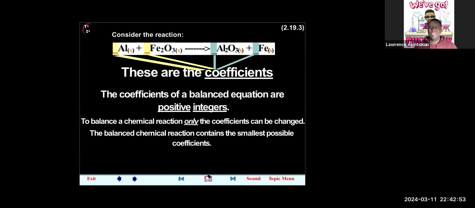That means, remember in middle school, when you have a ratio of 2 to 4, that becomes a ratio of 1 to 2. So always remember to use the smallest ratio when you're balancing the equation.